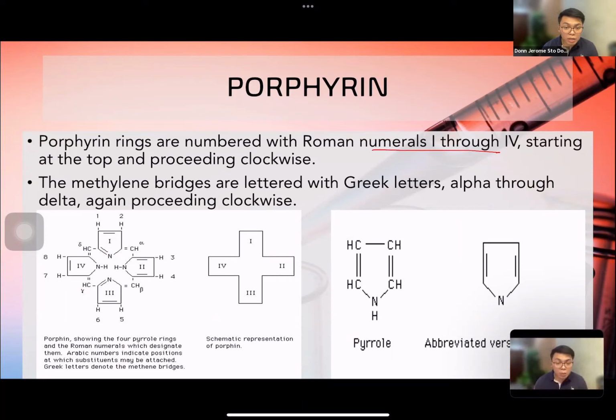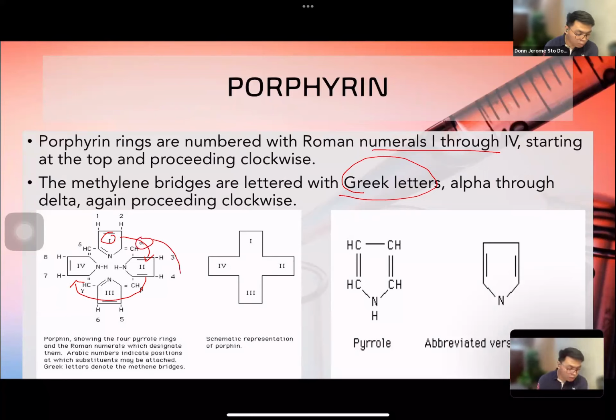You can also use the letters A, B, C, D. And the methylene bridges that connect your pyrrole rings are designated with Greek letters, alpha to delta, proceeding in a clockwise manner. So these are your methylene bridges: alpha, beta, gamma, and delta.